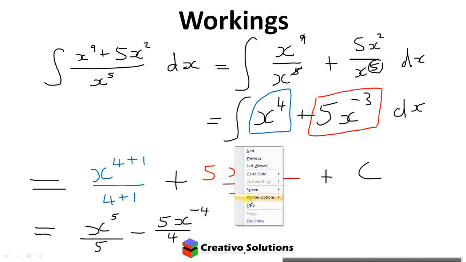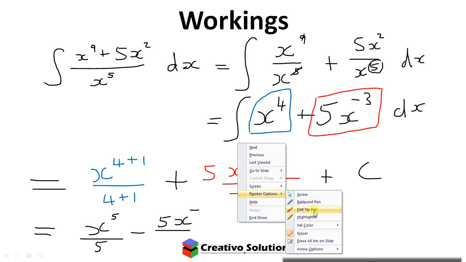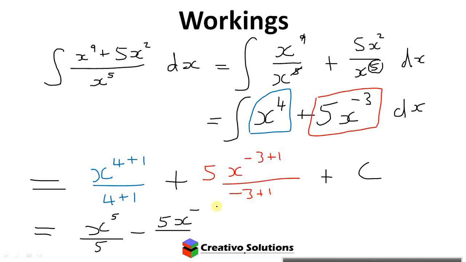Oh, hold on, my adding is bad. I made a mistake. Minus 3 plus 1 is not minus 4, it's minus 2. Okay, so can you write this in a better format?